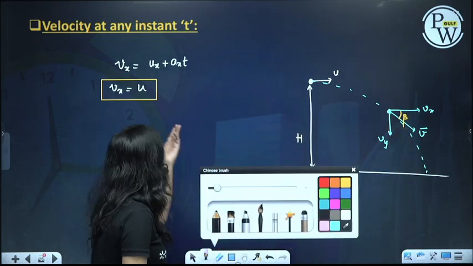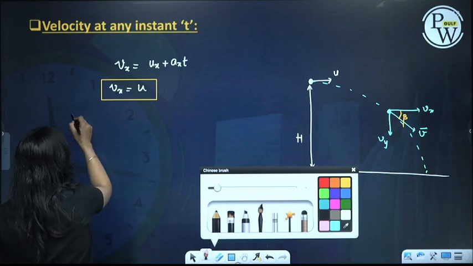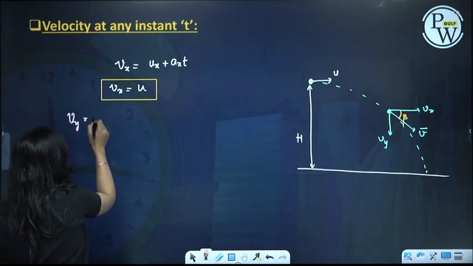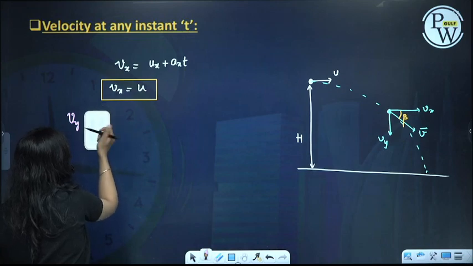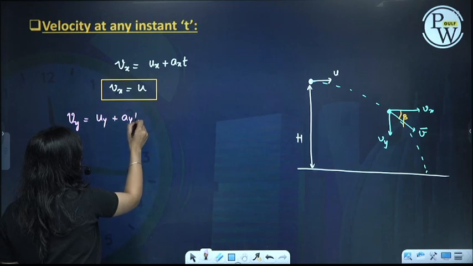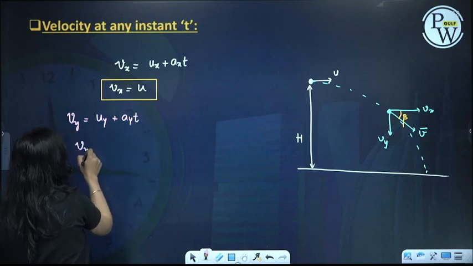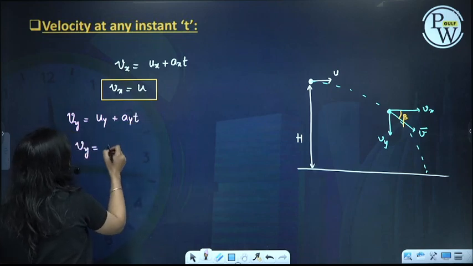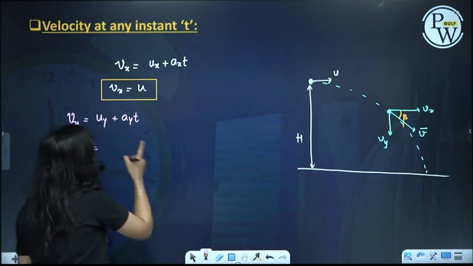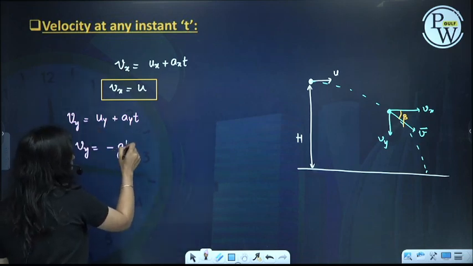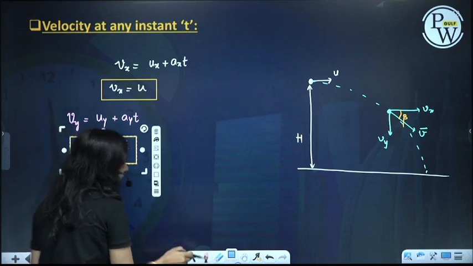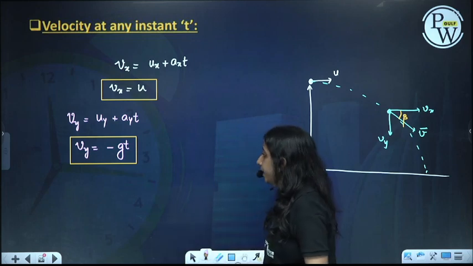So vx will be equal to u only, and vy will be equal to uy plus ay into t. How much is uy? It is 0. So it will be minus g, and at any time t, vy will be minus gt.